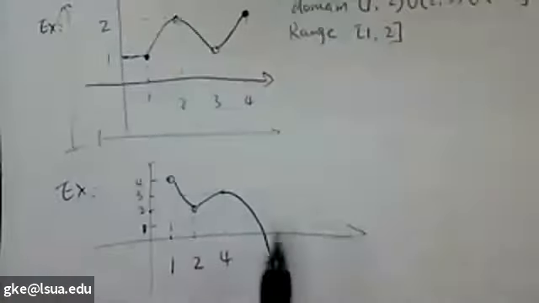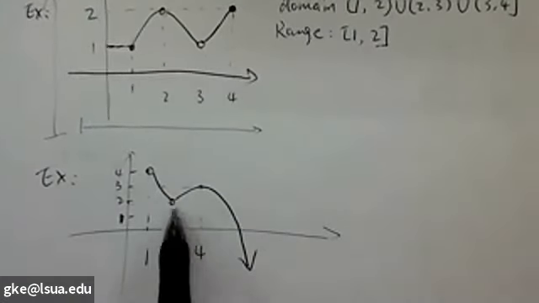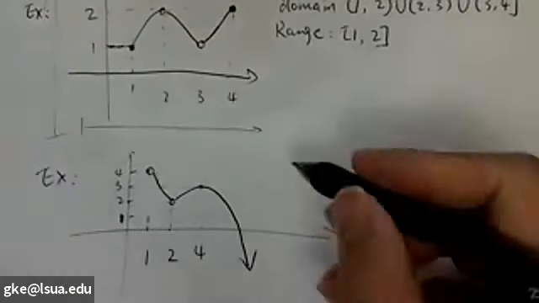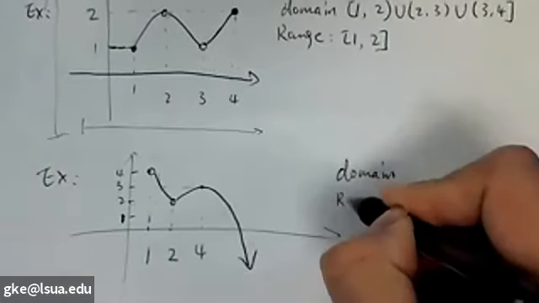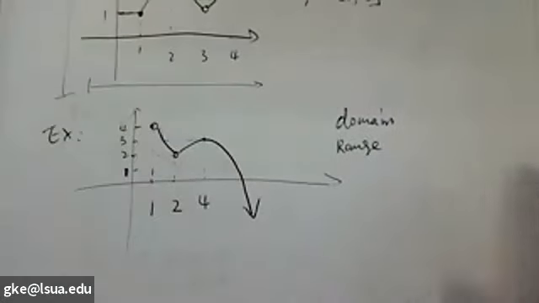So here is an open circle. Open circle at 2, 2. Open circle at 1, 4. Now find the domain and the range. I give you guys 1 minute. Try it by yourself. Use the strategy that I told you.